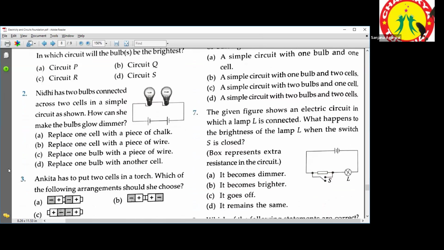Seven. The given figure shows an electric circuit in which a lamp L is connected.